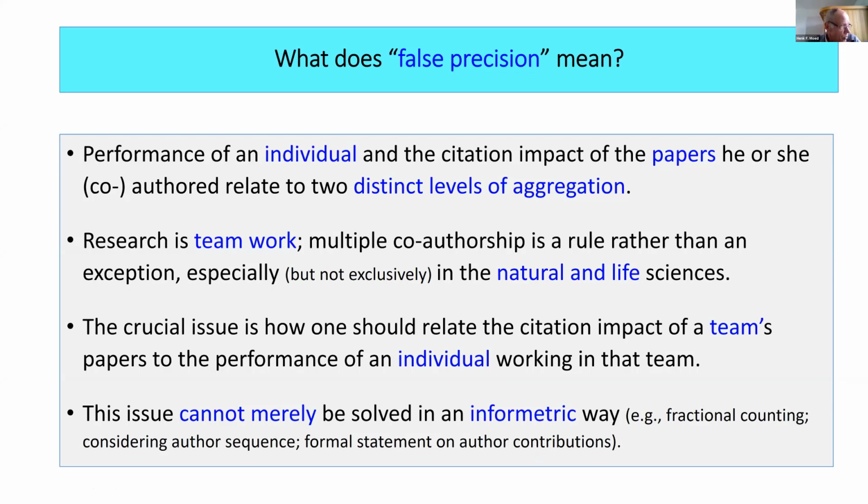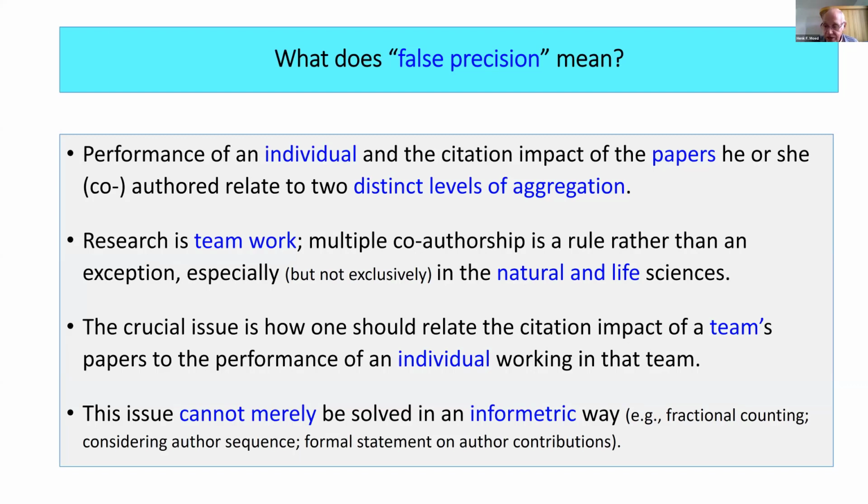And then my point is that this issue cannot merely be solved in an informetric way. This means that I'm also not very positive about attempts to solve this issue informetrically by using fractional counting or so. Sophisticated as they may be, I don't think that this is the right way in which one should deal with this fundamental issue of assessing an individual on the basis of teamwork.